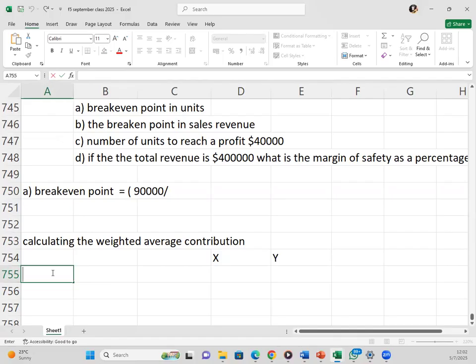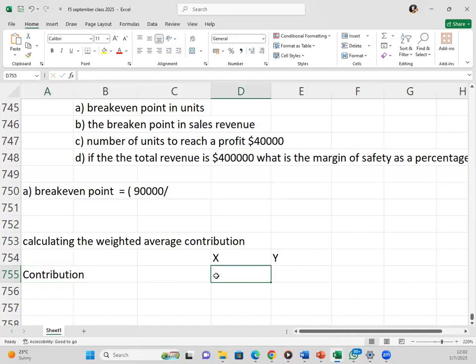Contribution, remember, is the selling price minus the variable cost.